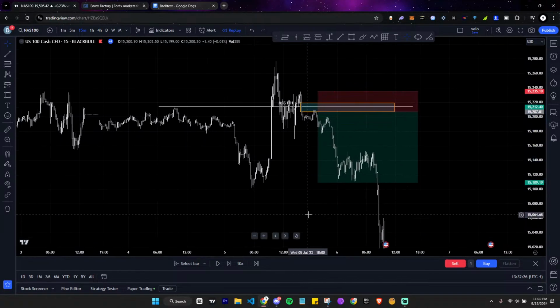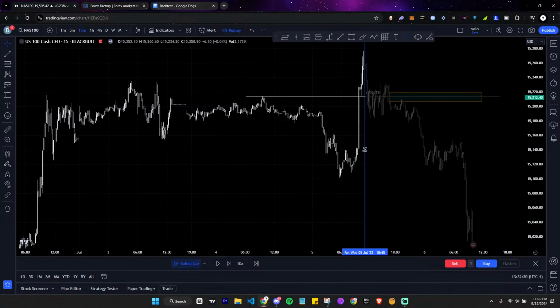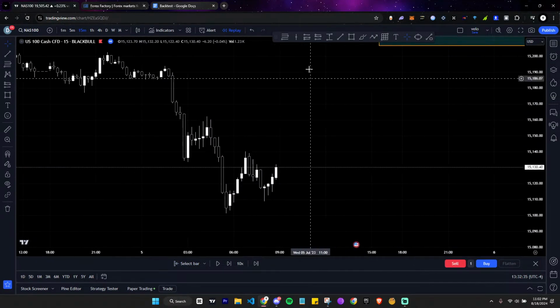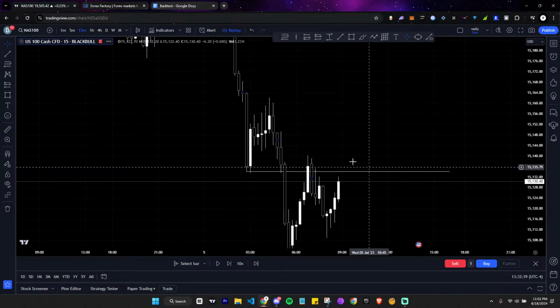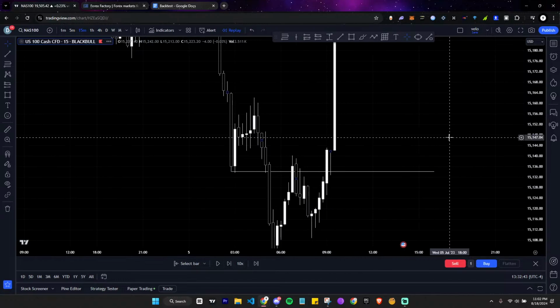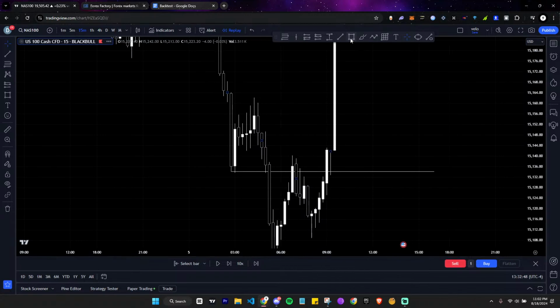Okay. So, yeah, that's pretty much it. Okay, so let's look for manipulation over here as well. So what we see here is basically manipulation over here. So I need to see a candle displace above. There we go. So we don't really see any fair value gap, but the only candle that I really see as a gap would be this point.